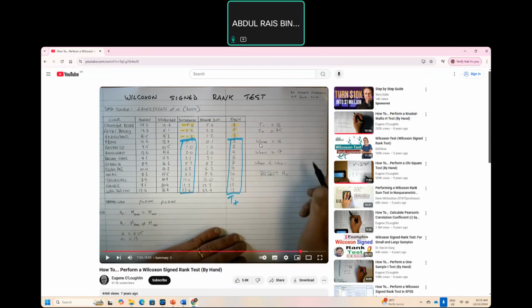Okay, if this value is higher than the critical value, then there is no difference lah. Okay, all right. So that's how Wilcoxon is being done. You can refer back to this video for further clarification.